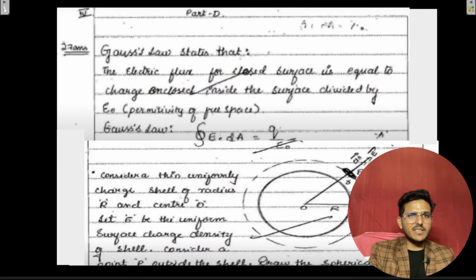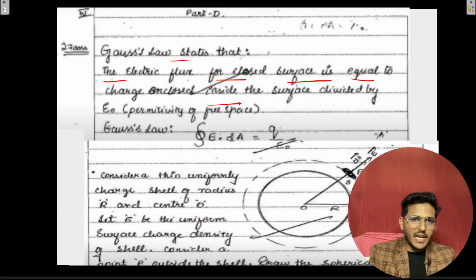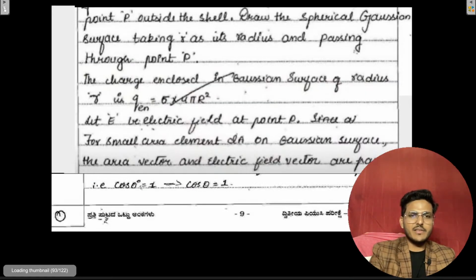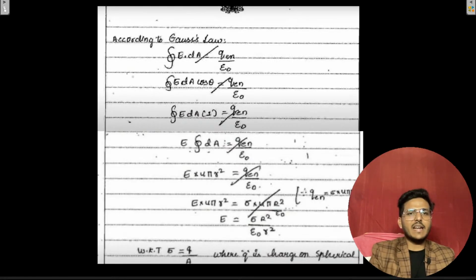As everyone knows, this is Gauss's theorem. See, for Gauss's theorem, just put the statement of Gauss's theorem, then draw a diagram, then considering a thin uniformly charged shell of radius r and each and everything, write in paragraph form, right? And then derive the expression.